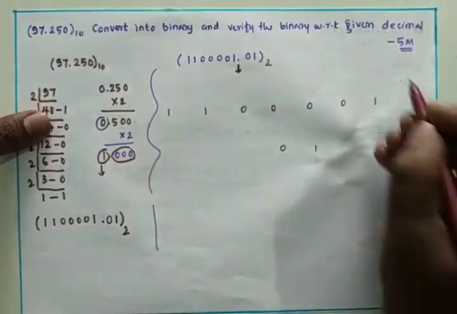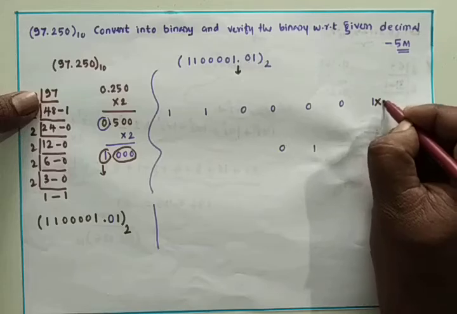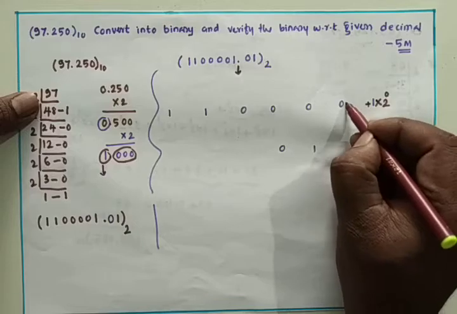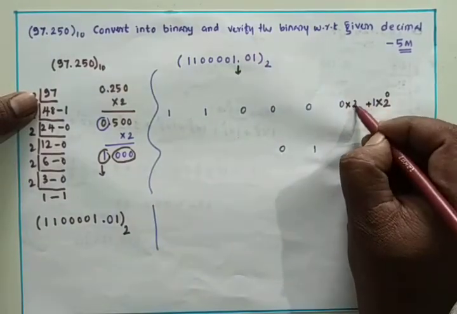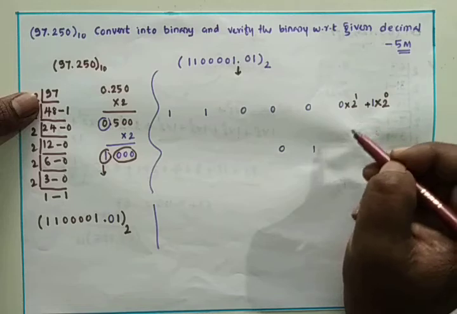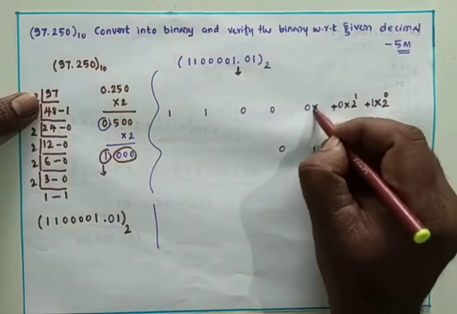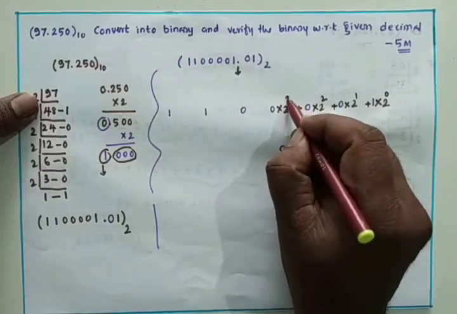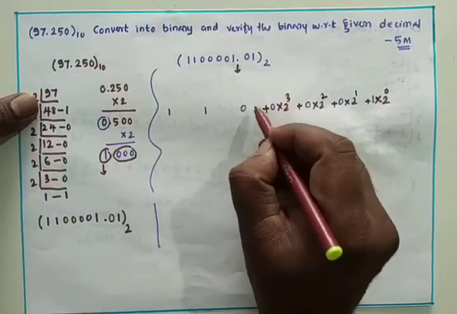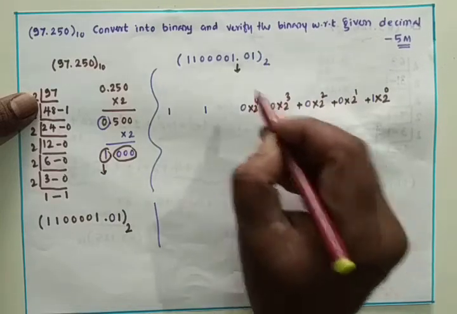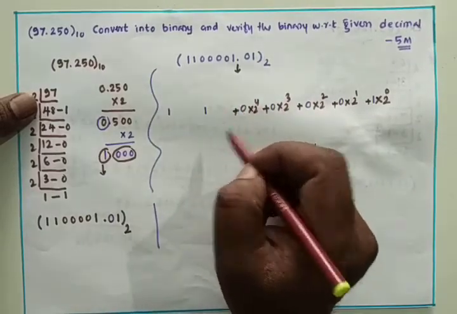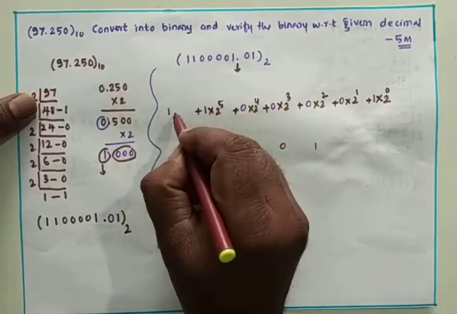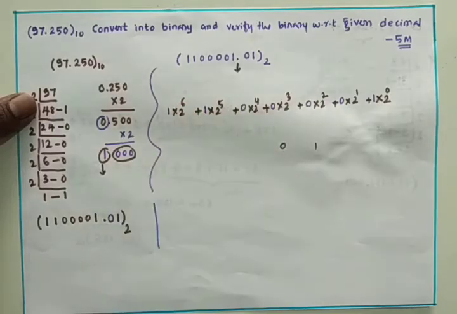Immediately to the left of the base point we have 1, so it will be 1 into 2 power of 0 plus 0 into 2 power of 1 plus 0 into 2 power of 2 plus 0 into 2 power of 3 plus 0 into 2 power of 4 plus 1 into 2 power of 5 plus 1 into 2 power of 6.